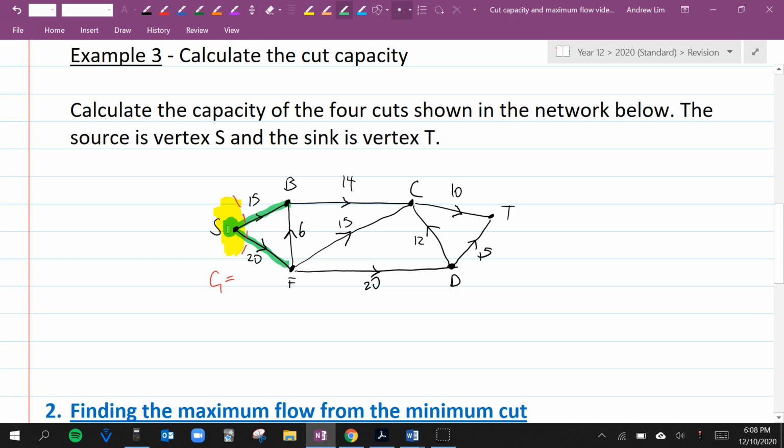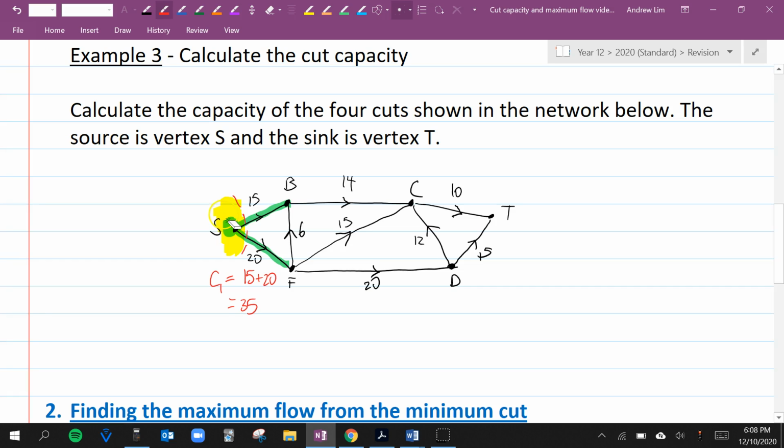Because we have highlighted that vertex for both edges, we add both numbers, 15 plus 20, which is 35. So the cut capacity of that cut is 35.